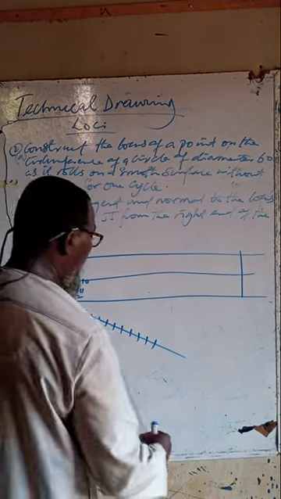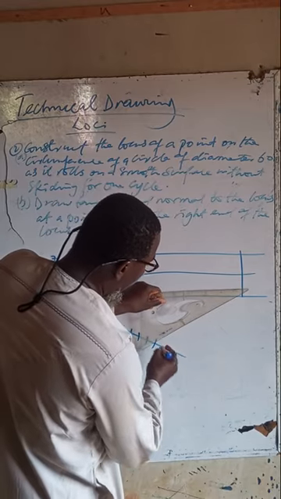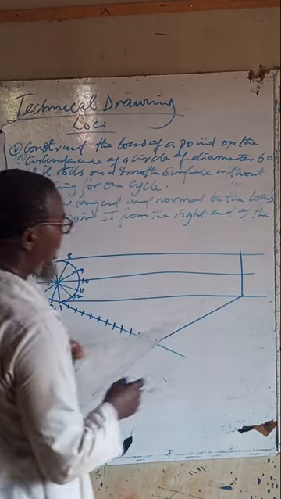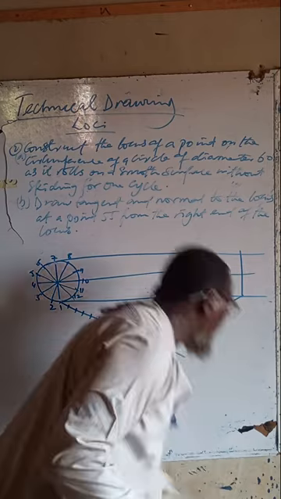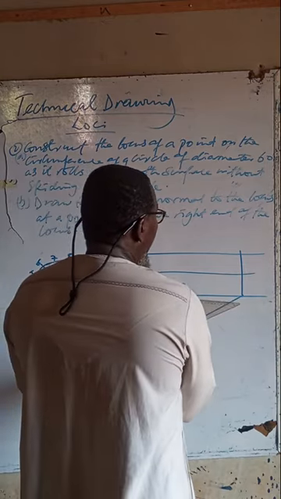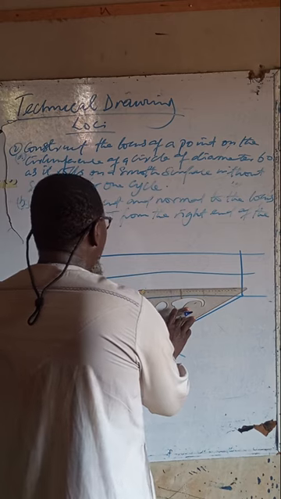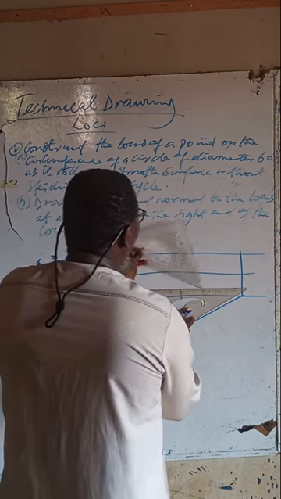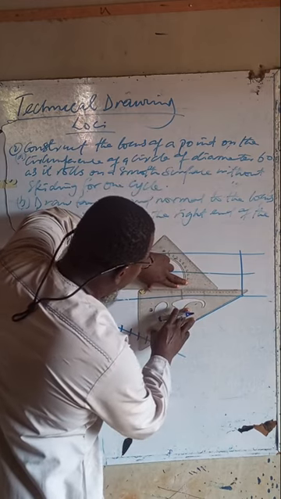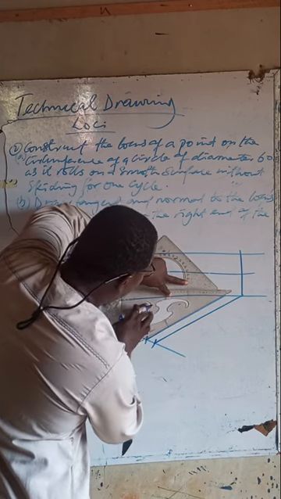The first thing to do is to join the last one to the end of the circumference, like this. After joining the last one, you put your other set square underneath it like this. Place this one here, and place the other set square, maybe at the top. Put it somewhere here, and you begin to transfer like this. You need to slide.